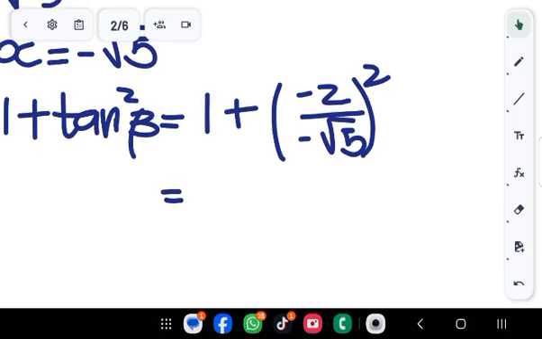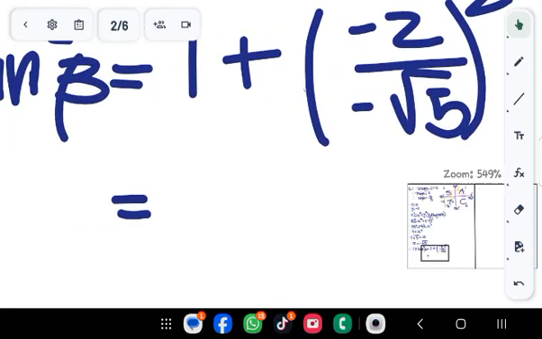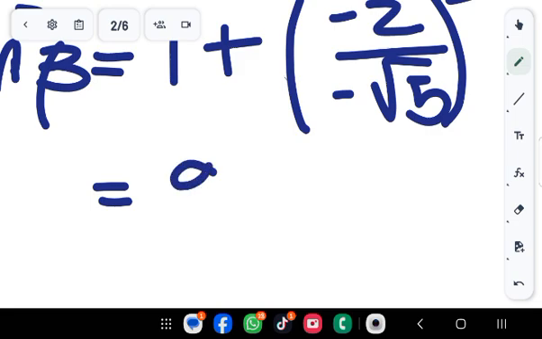So that will be 1 plus, open bracket, common fraction button, -2, downward arrow, negative square root of 5, right arrow, close bracket, x to the power of 2, and that gives us an answer of 9 over 5. So this is equal to 9 over 5, and that's your answer.